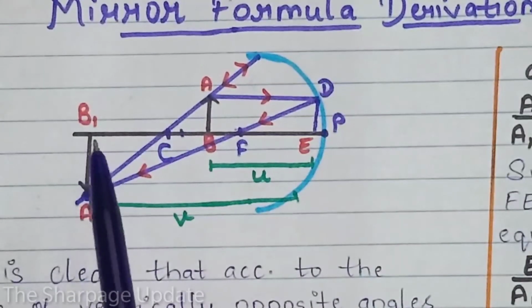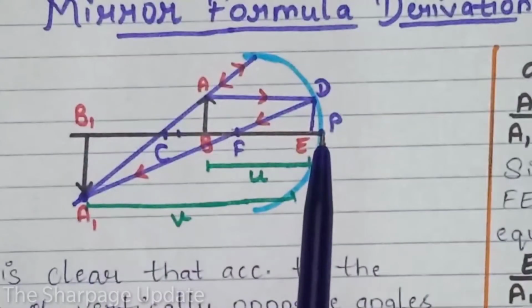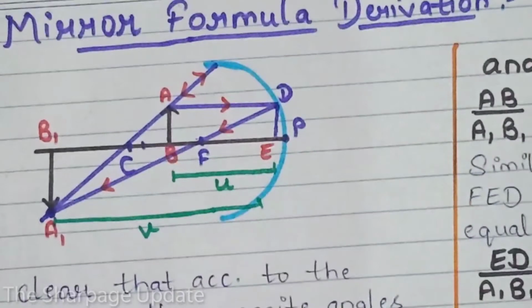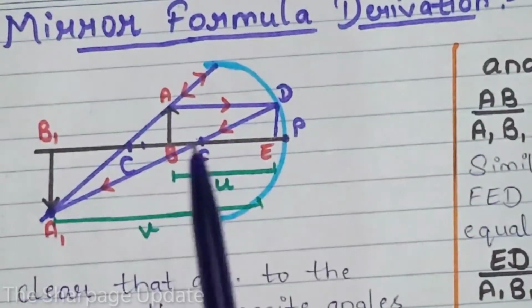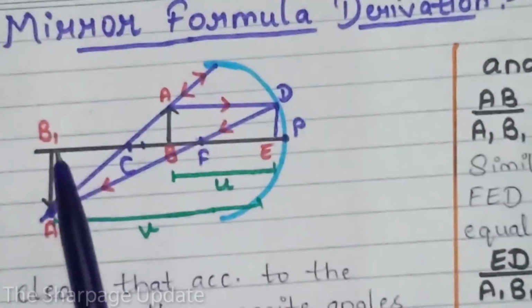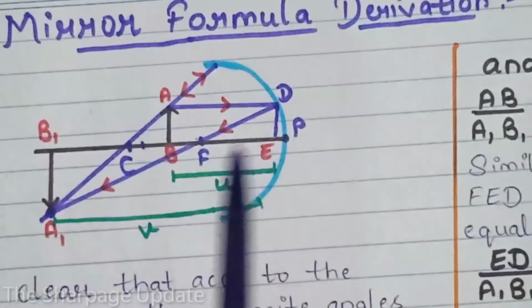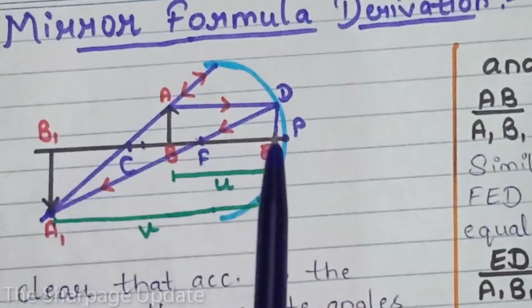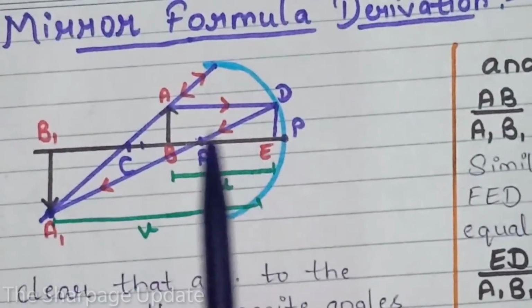Right students? So B1C is equal to PB1 minus PC, and FB1 is equal to PB1 minus PF. So FB1 is equal to PB1 minus PF.